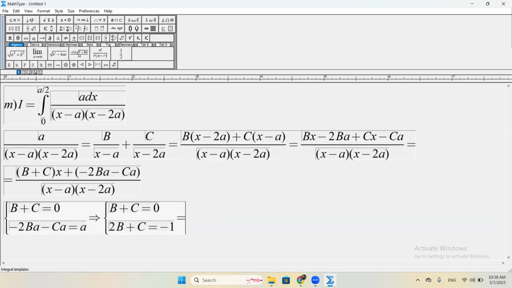So now let's find the variables b and c. If I subtract the first equation from the second, I will have 2b minus b and c minus c, so I will receive b equals minus 1. Then c equals 1.